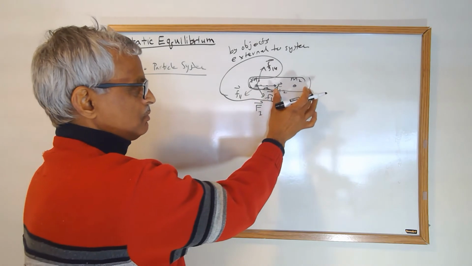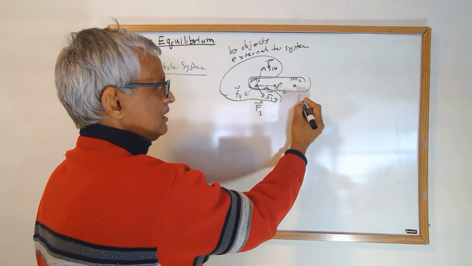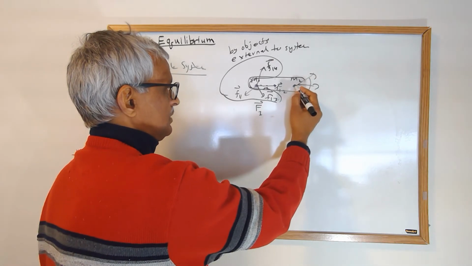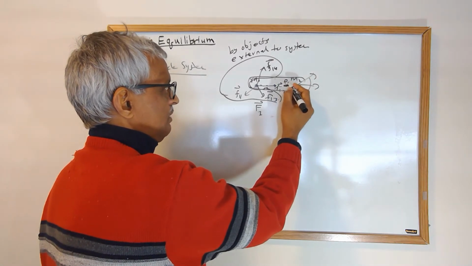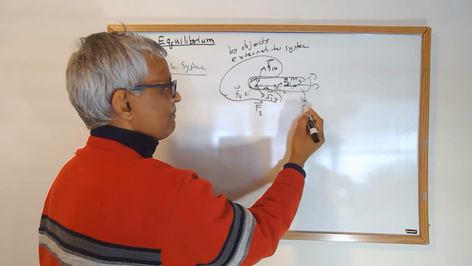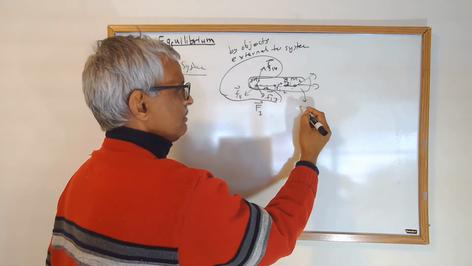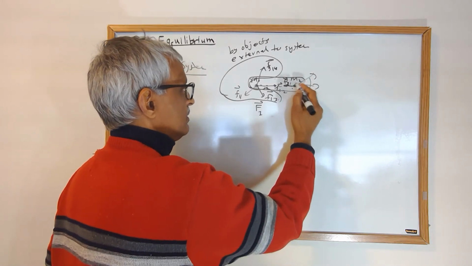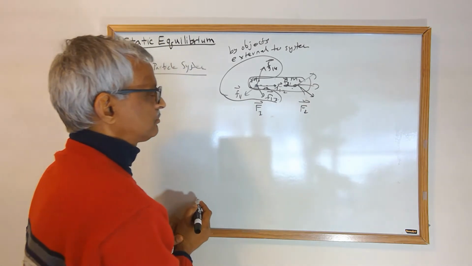The same kind of thing will be over here. Then there will be F21 that way, exactly opposite, and so you will have F2. So all of this added up will be F2.